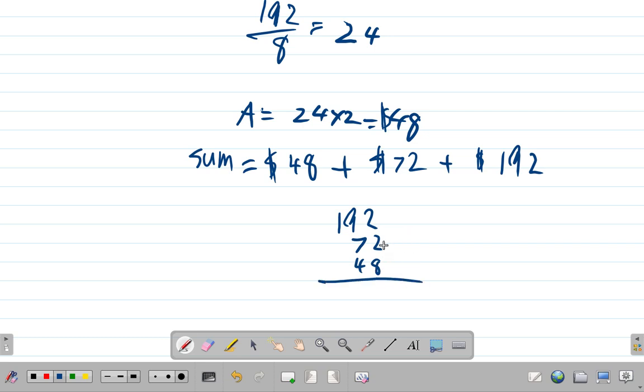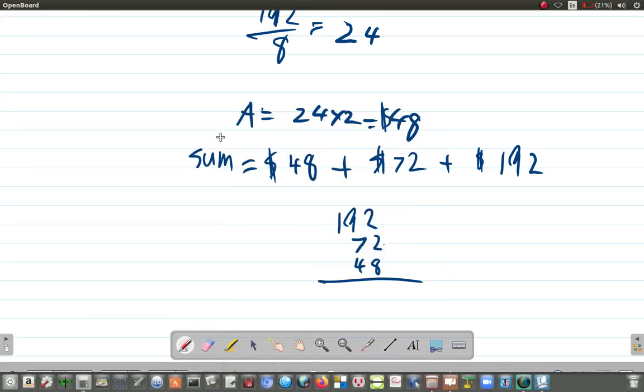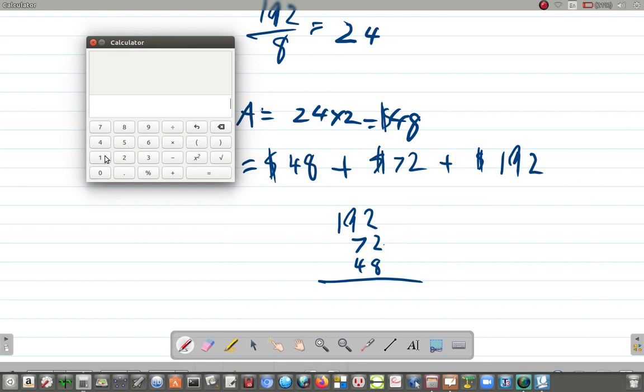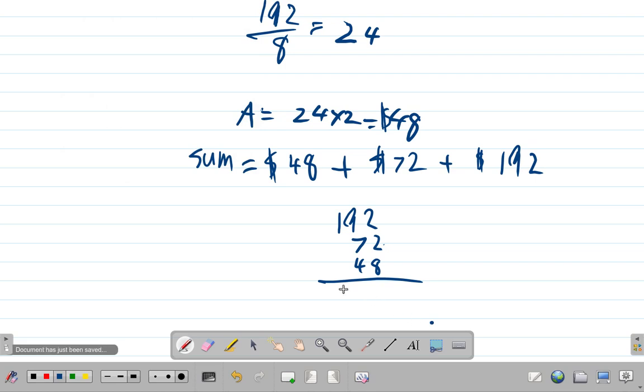We've been going on long enough in the video, so let's just save some time and do it quickly. 192 plus 72 plus 48 equals 312. $312 would be the sum of money.